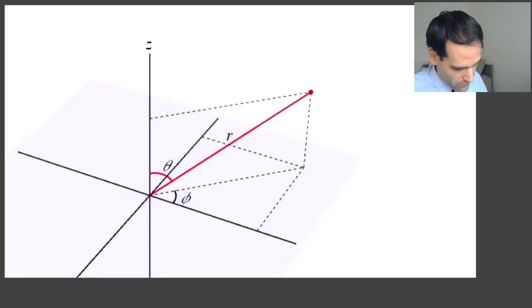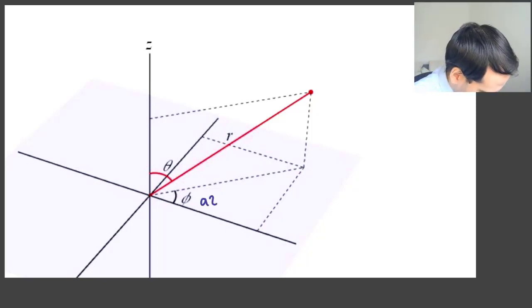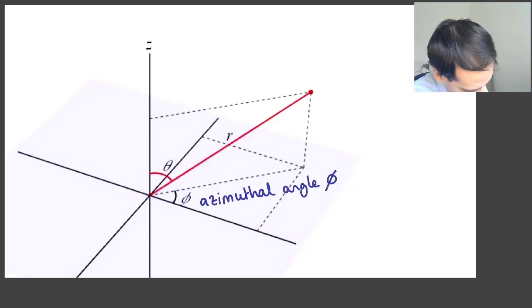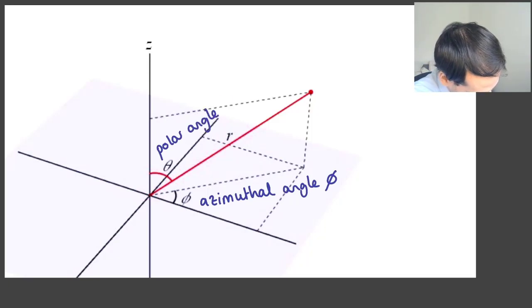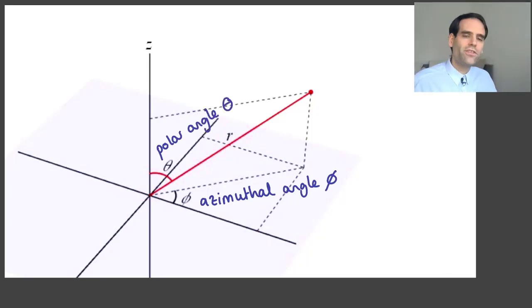So let me write it down. Azimuthal angle phi and polar angle theta. To add to the confusion, some textbooks swap the symbols theta and phi, unfortunately. But in this module I'm always going to use this same convention.